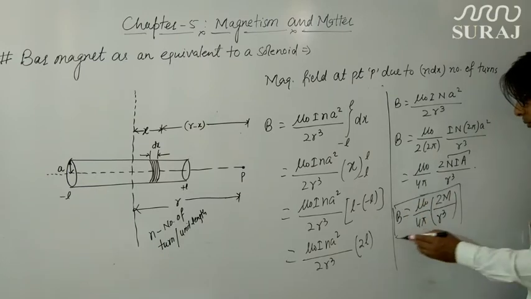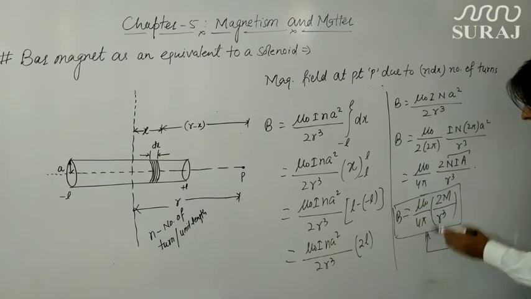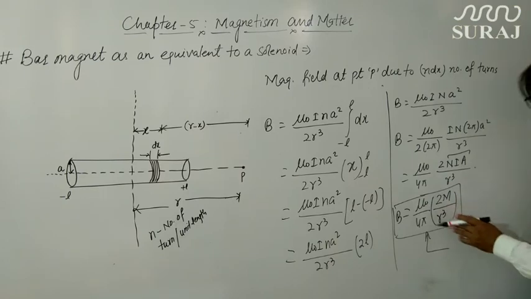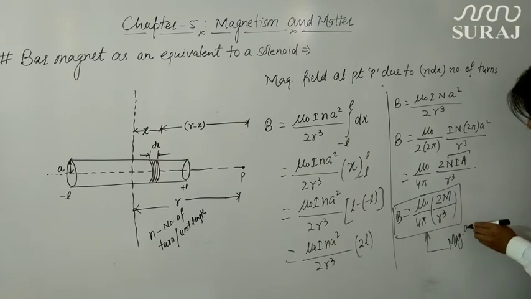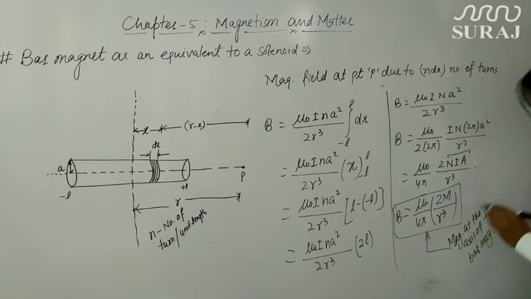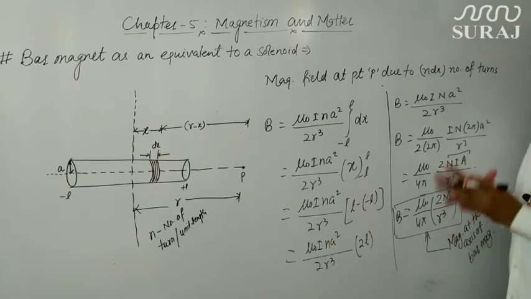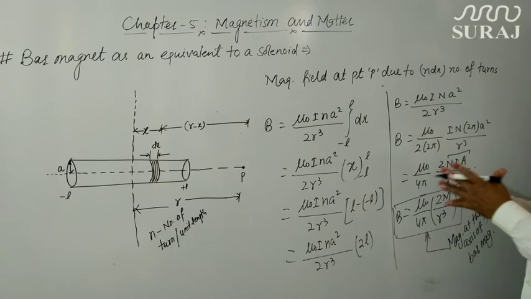And this is the formula actually which is equivalent to the magnetic field at the axis of a bar magnet. This formula also represents the magnetic field at the axis of the bar magnet. So what do we have to prove? We have to prove that a bar magnet is equivalent to a solenoid.